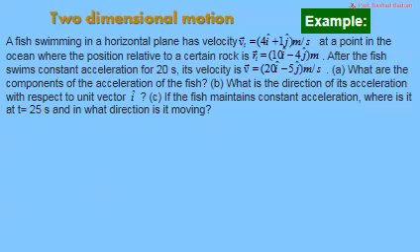Now, this is the third part of the problem: if the fish maintains constant acceleration, you are asked to find its location 20 seconds later in its motion, and the direction of this position vector.